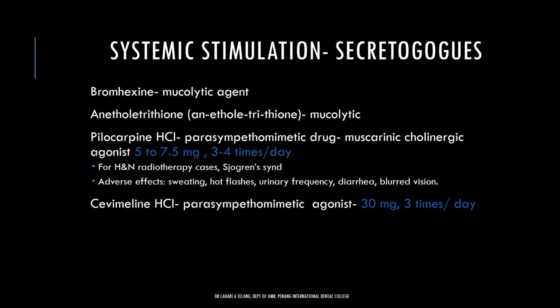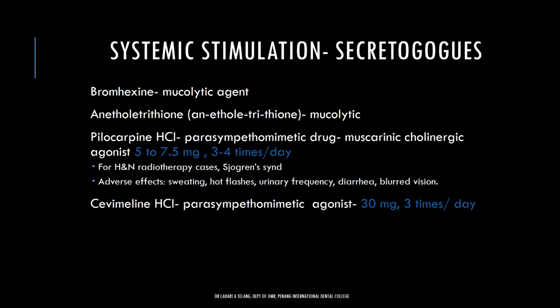Systemic stimulation with the help of secretagogues is done in cases where there is remnant salivary function, and this can be done with mucolytic agents like bromhexine, anethole trithione, which is a mucolytic, and pilocarpine, which is a parasympathomimetic drug.